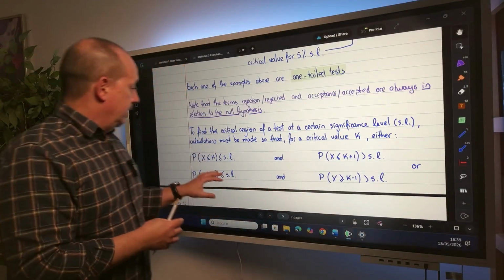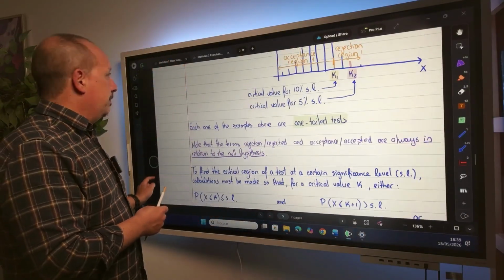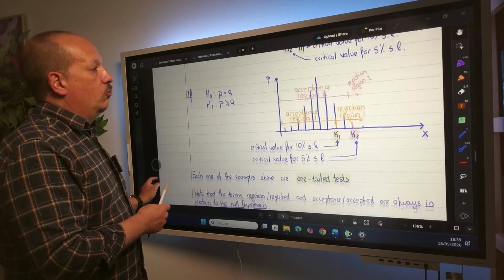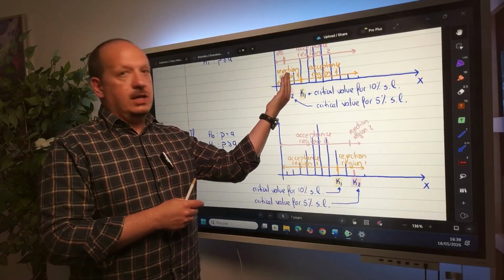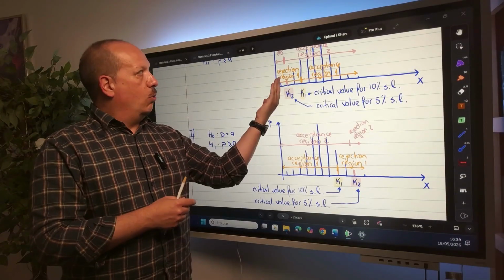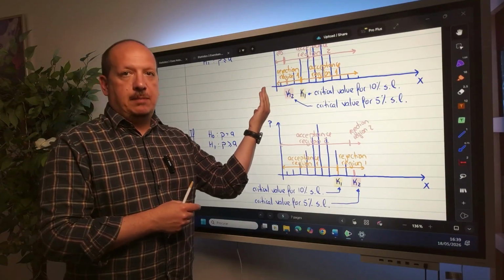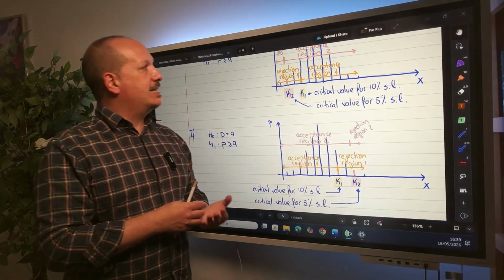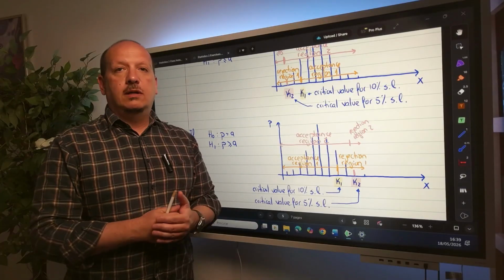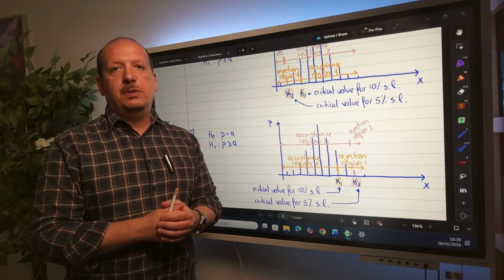And if this happens, you will have the rejection region. The rejection region is the region over here where you will reject the null hypothesis, and everything else remains the acceptance region, where the null hypothesis is still accepted.